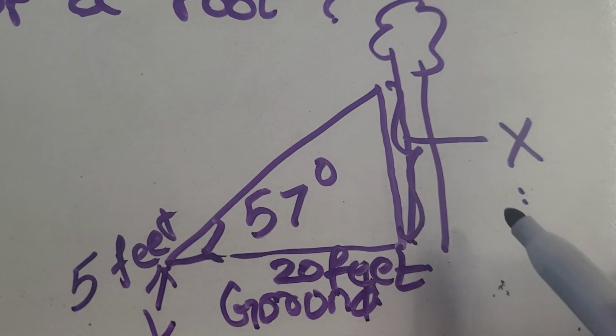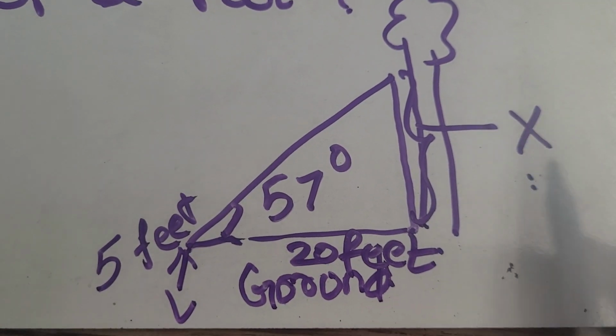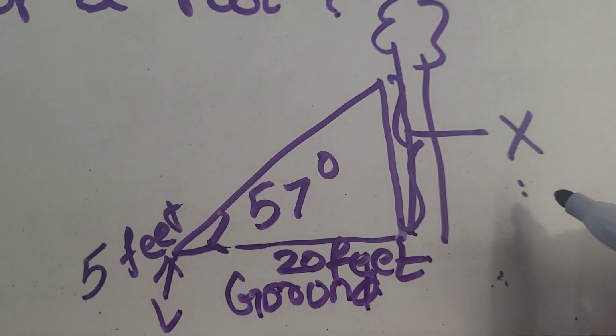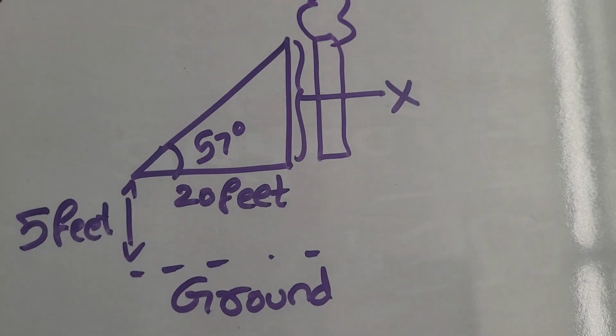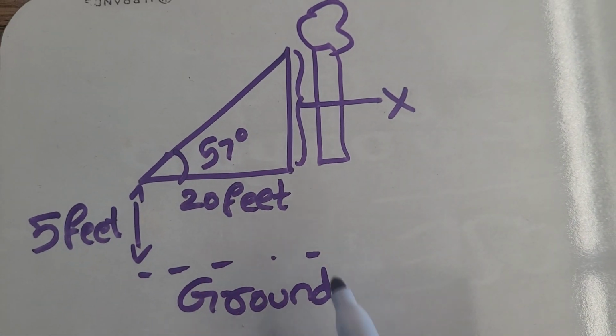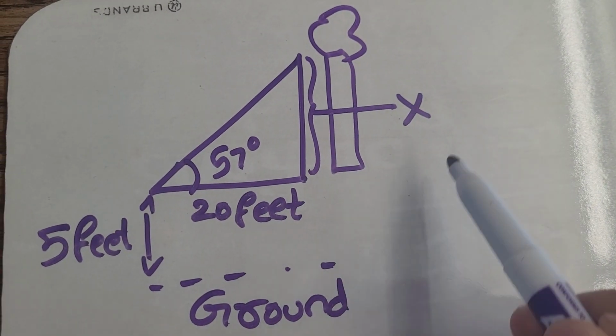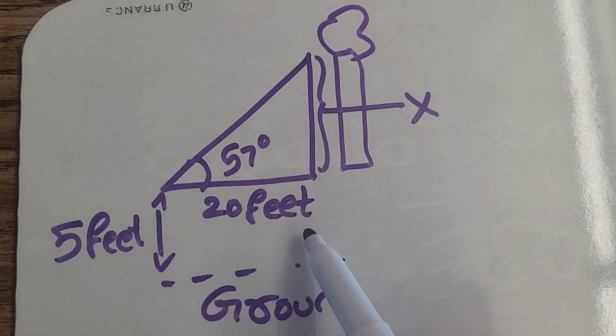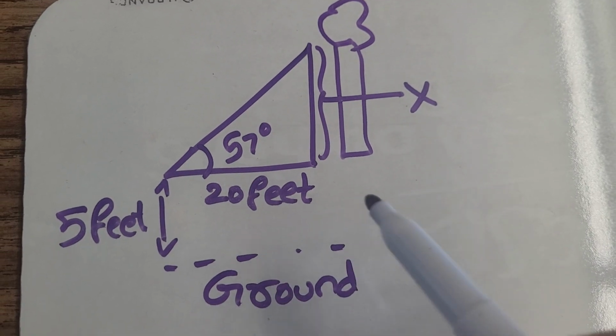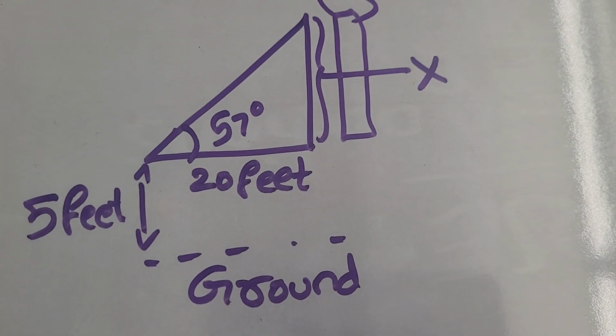In this figure, if you closely observe, we can write a trigonometric ratio. So I have redrawn my figure like this. It is 5 feet above the ground and 57 degrees inclination, and the tree height is x, and 20 feet is the distance where Samantha is standing. So we need to find out the height of the tree.